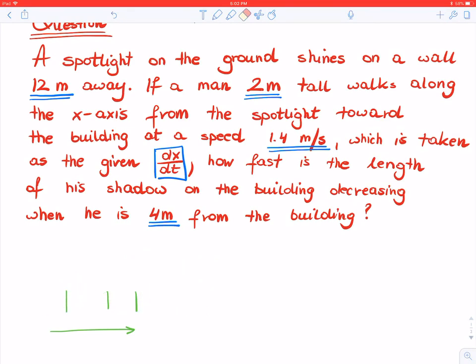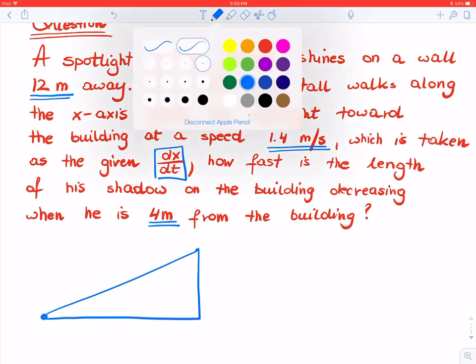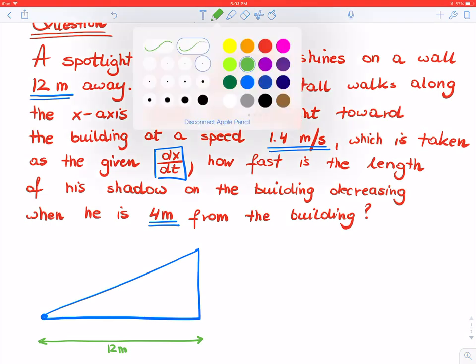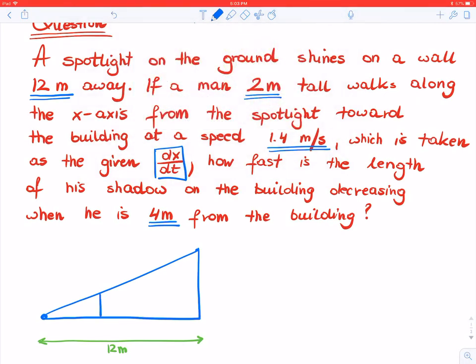Okay, let me remove this and I will put just one triangle, the diagram that represents one moment, that instant. That's me again. That dot is the spotlight. This is the building. This distance, the entire distance, is 12 meters. Now we have the person, which is 2 meters.